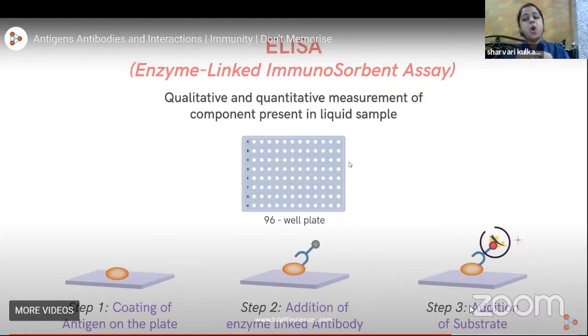Substrate will cause a reaction between the enzyme linked antibody and the substrate. So that is how this enzyme substrate reaction will indirectly give us the presence and concentration of antibody, right? That is why it is called qualitative and quantitative measurement of the component.